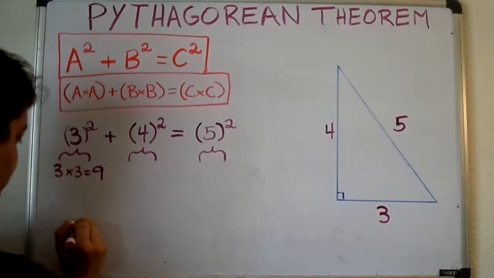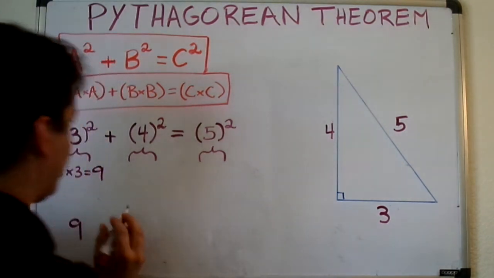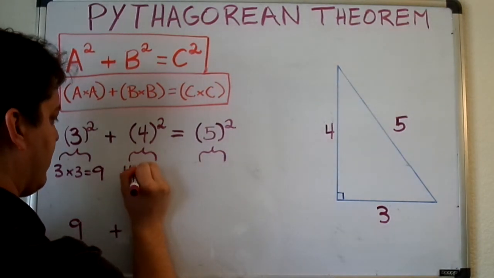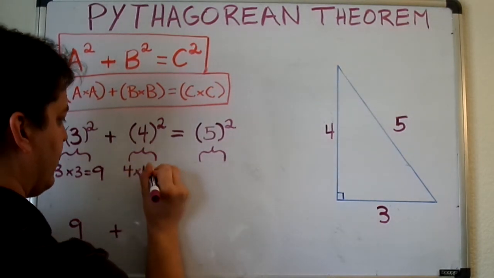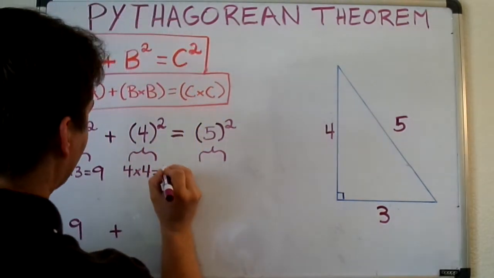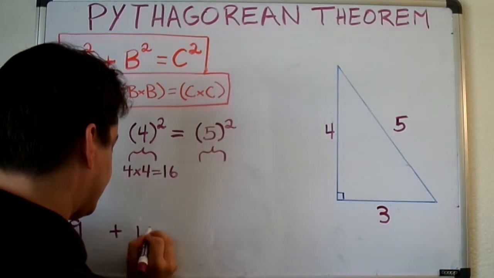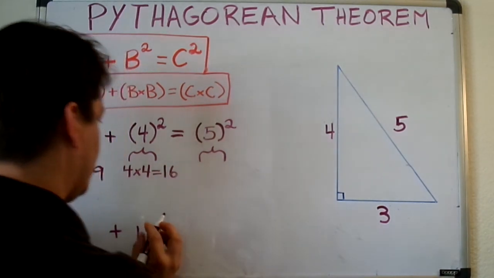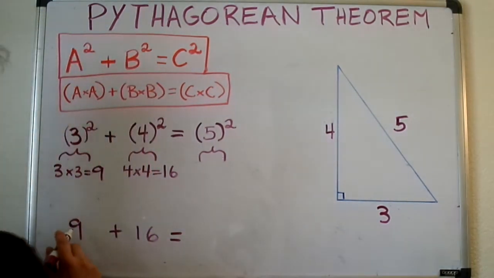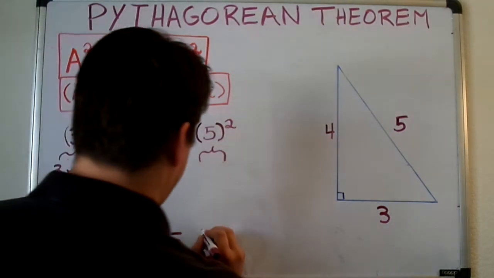Okay, we're going to drop this down here. 9 plus, okay, 4 times 4, 4 squared, is what? 16. That's right, 16. So 9 plus 16 equals, okay, now we're going to jump the gun here a little bit. 9 plus 16 is what? 25.